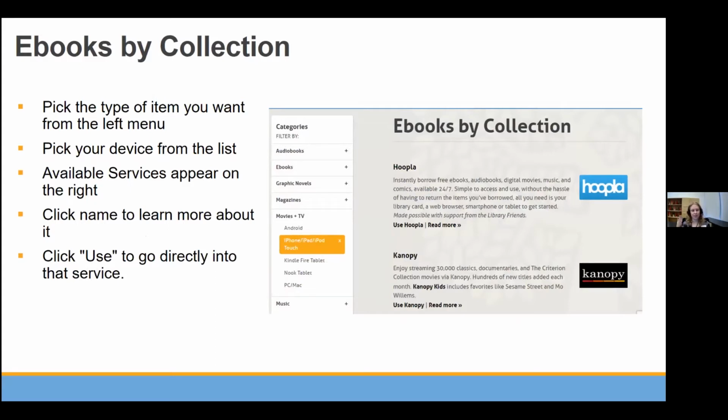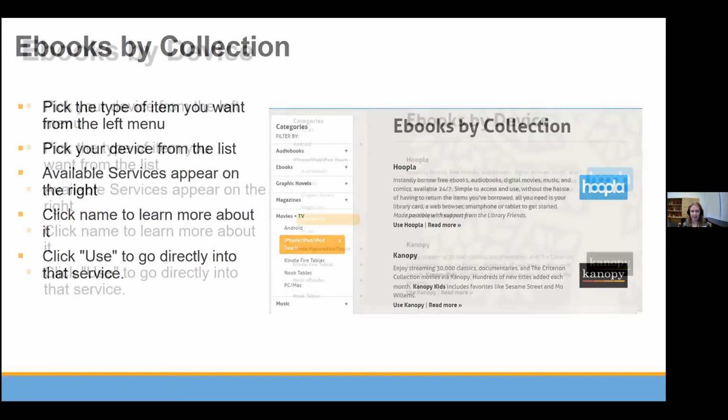So you'd say, I want to listen to an audiobook on my phone. You would pick audiobooks and you would pick your phone, and then you would see on the right-hand side which services offer that capability for your device. You can click on that service to learn more about it, and you can click Use to go directly to that service.